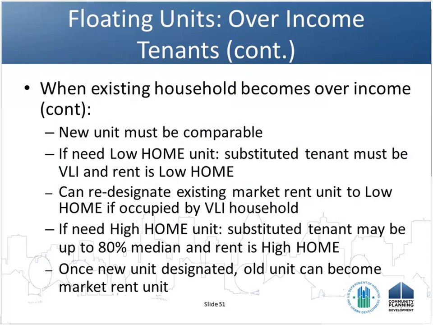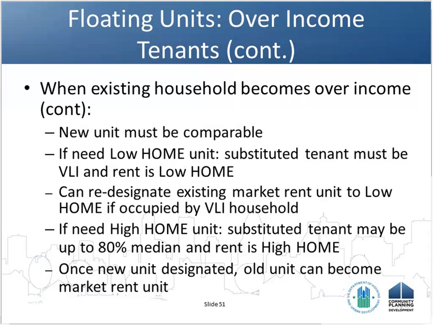Particularly if the unit that we are out of compliance in is a low HOME unit, we could look at our existing tenants and redesignate and essentially swap. Our goal is always to bring our low HOME unit back into compliance. That's our first priority overall.